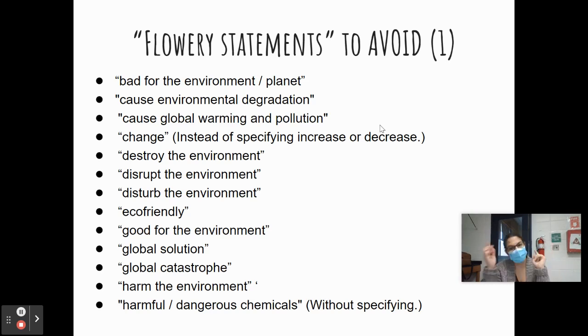Change, you need to specify the increase or decrease. Destroy, disrupt, disturb the environment. Eco-friendly, good for the environment. Good solution, global catastrophe, harming the environment. Not specific. Harmful or dangerous chemicals, okay? But what's the chemical or what makes it harmful or dangerous?